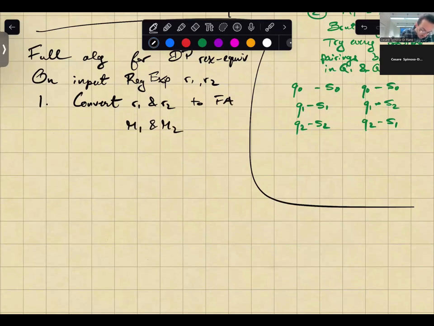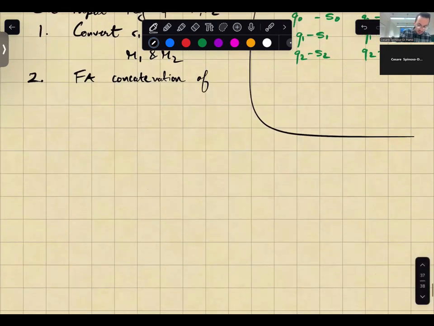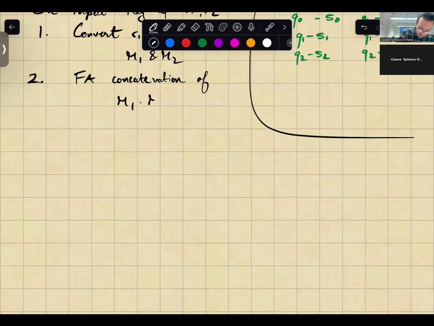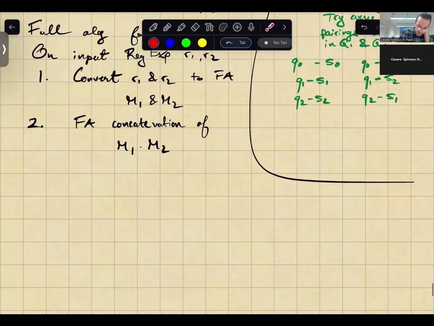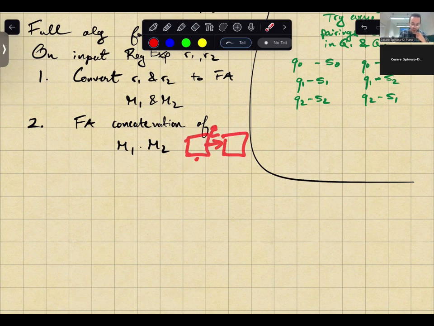The second thing we do is we take the FA concatenation of M1 with M2. I'm abusing notation, but I'm representing the concatenation of two FAs with epsilon transitions as M1 dot M2.